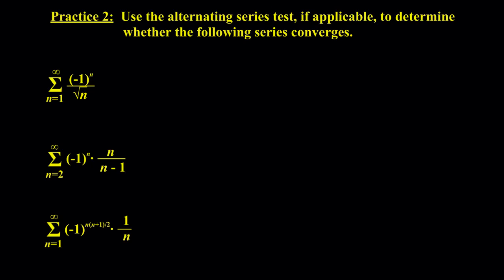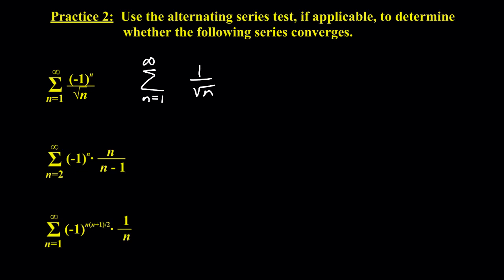All right, so the next one here, this does cause our signs to alternate, so we do have alternating signs. And then if you think about 1 over the square root of n, if all we had was this series right here, that would be a divergent p-series.